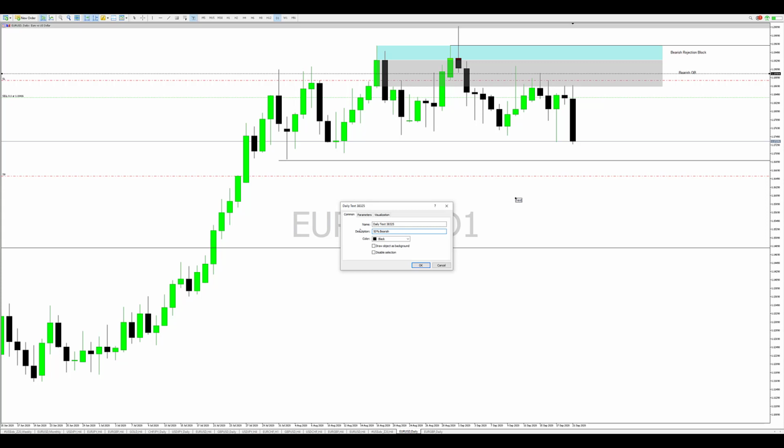So that's our 50% mean threshold, right? You're going to see why it's important to have that level marked. So that's the daily price action where we have our 50% mean threshold.